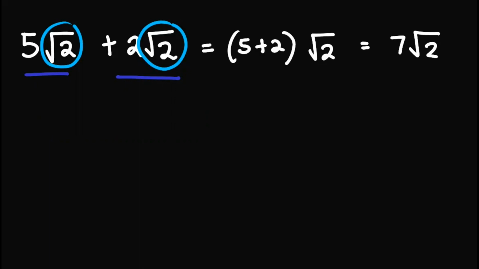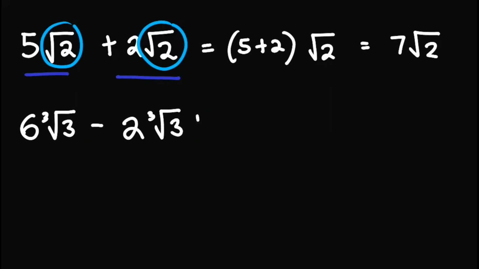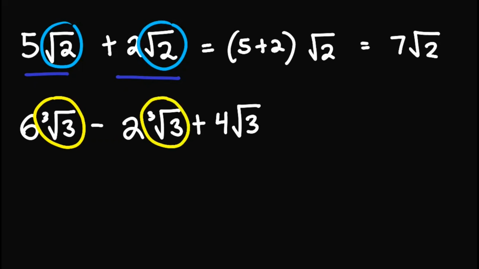Let's have this next example. Let's have 6 cube root of 3 minus 2 cube root of 3 plus 4 cube root of 3, rather square root of 3. Now for this one, observe that the cube root of 3 out here and out here are similar. But the radical out here is not similar to the first two.